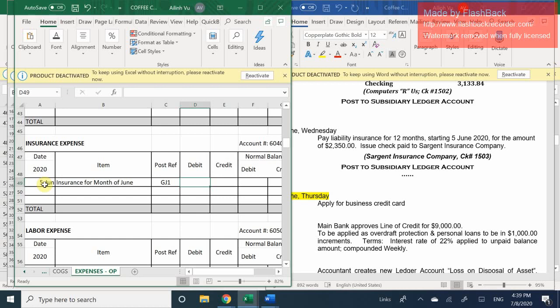What account are you on? I'm on insurance expense. Okay. So what is it that you need to put in here? What are you expensing insurance for? The month of June.